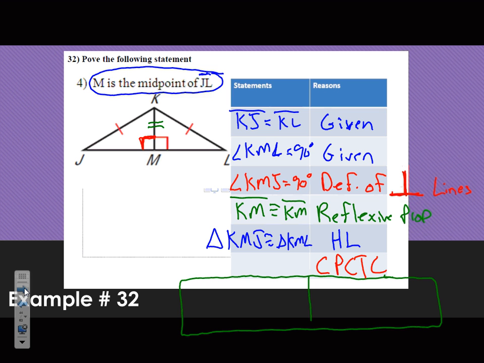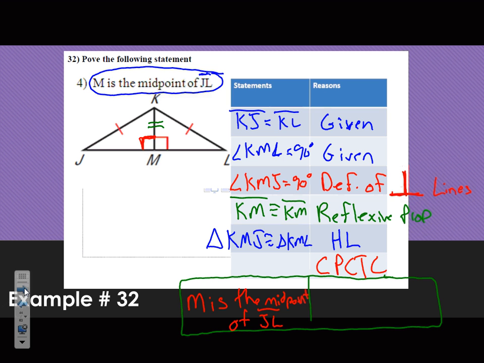And we always know that we're going to end with what we're proving, so we're going to say M is a midpoint of segment JL.